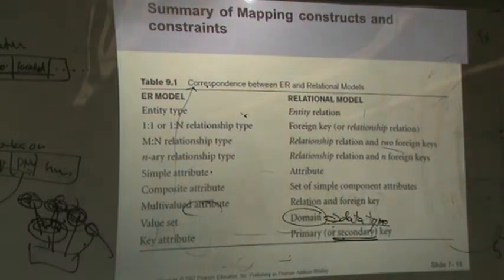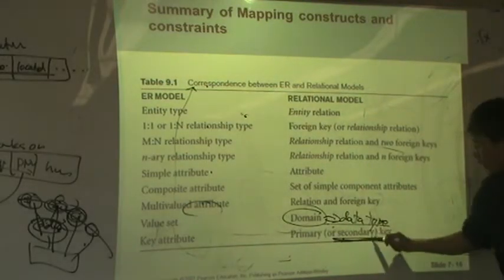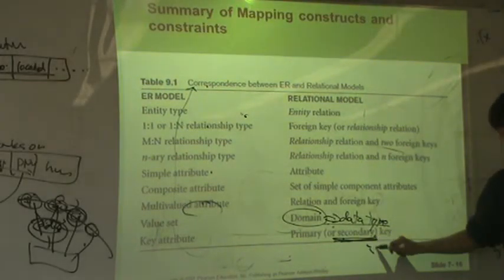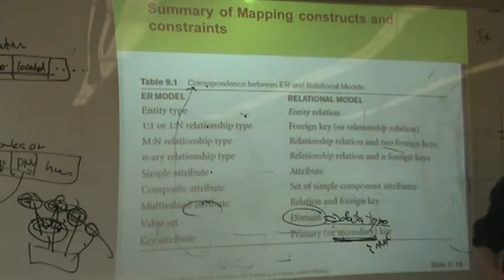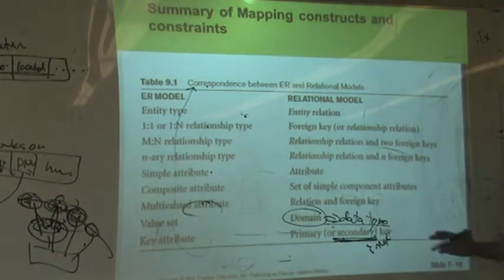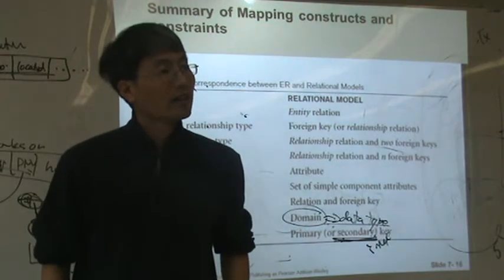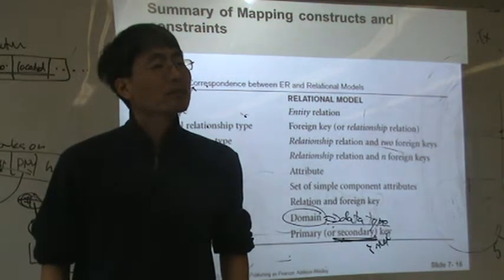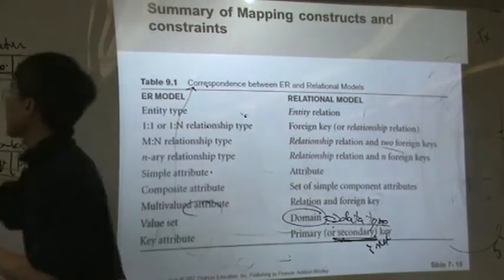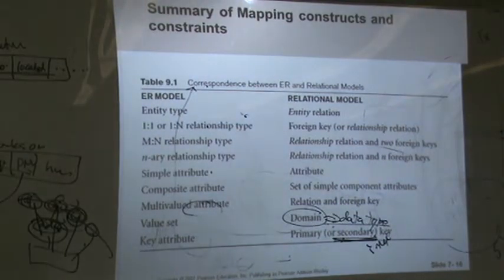So we will eventually create a secondary index in the database. What's an index? We will discuss it in the later part of the semester. What about the primary key? When you assign this one as a primary key, it automatically creates an index.